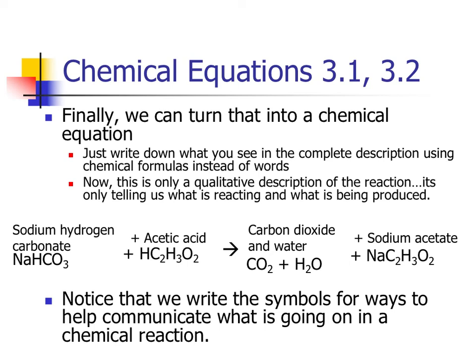So when I have sodium hydrogen carbonate and acetic acid, those are my reactants. They are producing carbon dioxide and water. Now the sodium acetate is actually very hard to see. Why? Because I still have vinegar left over, and maybe a little bit of sodium hydrogen carbonate left over.